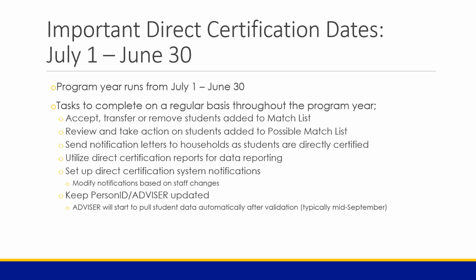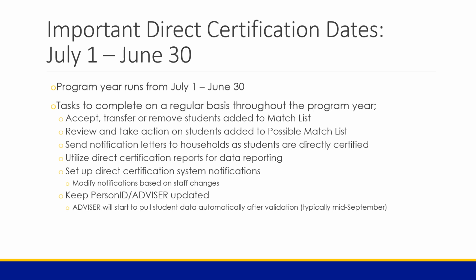Ongoing tasks that are important for the duration of a school year, which runs from July 1st to June 30th, include accepting, transferring, and/or removing students that are placed in the match list or possible match list, sending notification letters to households as students appear on the direct certification match list, utilizing the DC reports for data reporting, especially important during the verification reporting period.